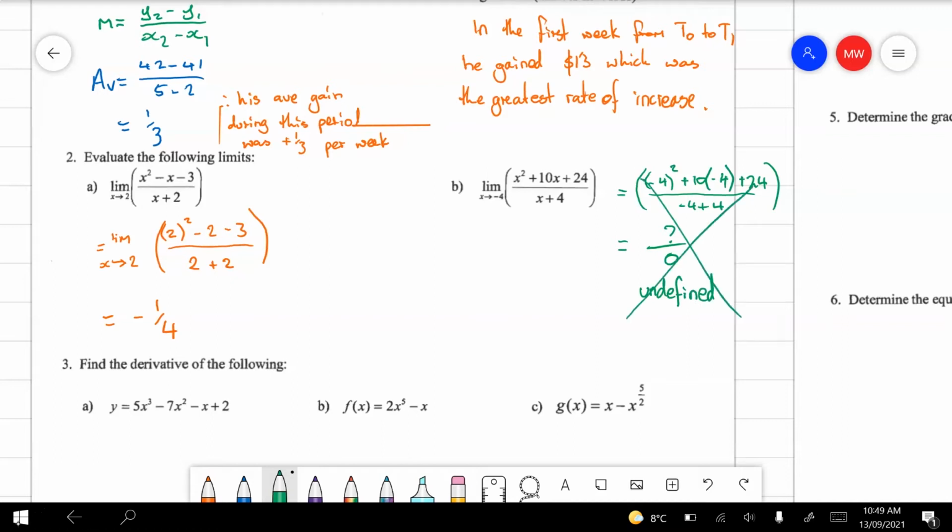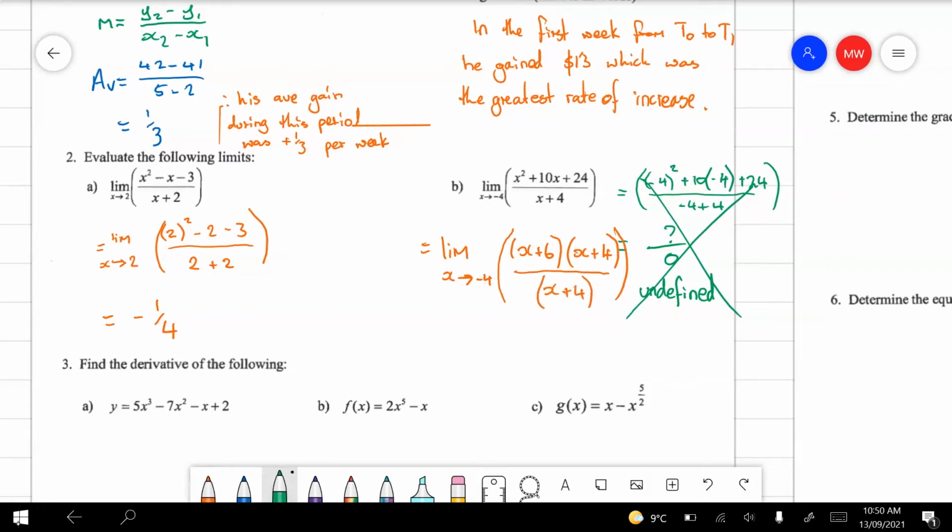Instead, we're going to need to factorize it first, okay? So the correct way to do this is as the limit as x approaches minus 4. Up here we'll need to factorize, so we'll end up with x plus 6, x plus 4, all over x plus 4.